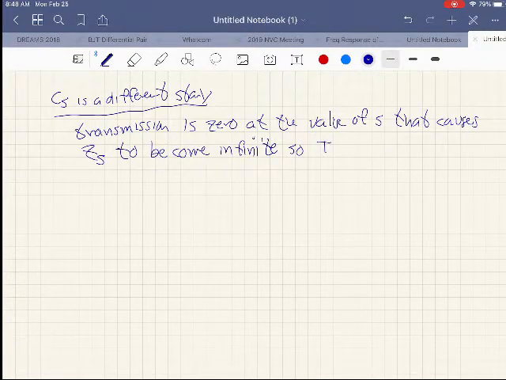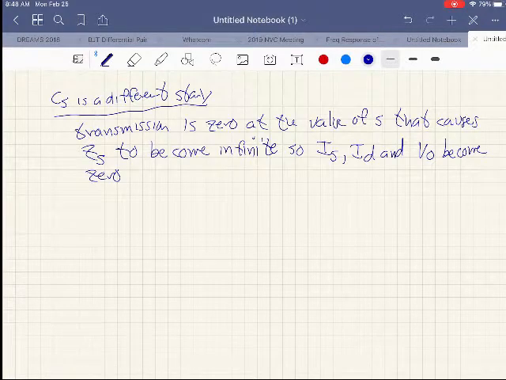When that happens, IS, ID, and V out become 0. If you back up a little bit in your notes and in the book, we can kind of clarify this.